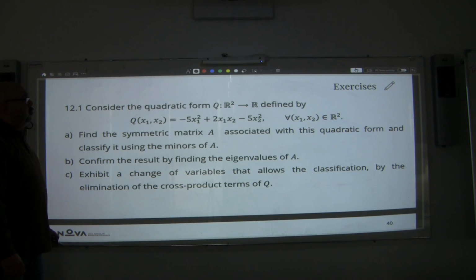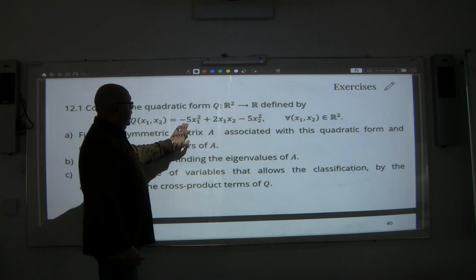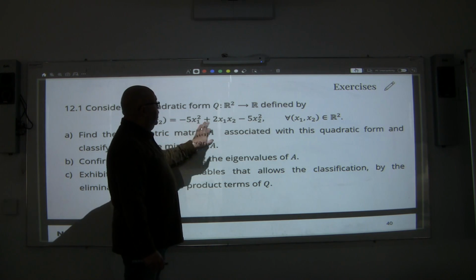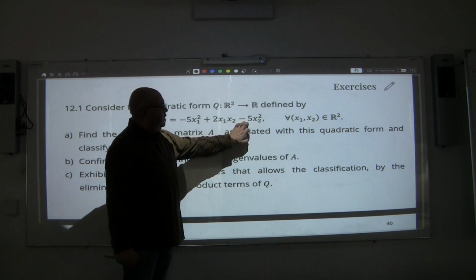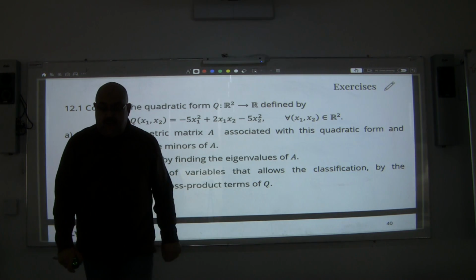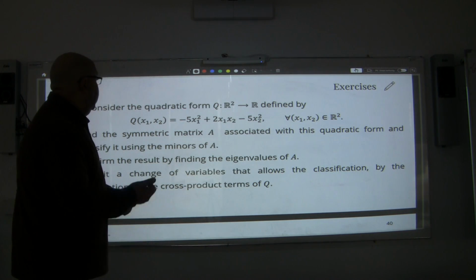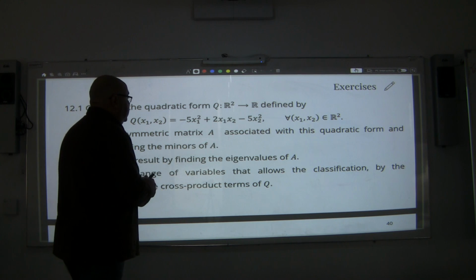Also check for the errors that exist in this matrix. Now I will come to the exercises. He needs you to consider the quadratic form q from R2 into R defined by negative 5 x1 squared, 2 x1 x2, minus 5 x2 squared. I believe the symmetric matrix is really very simple to get.